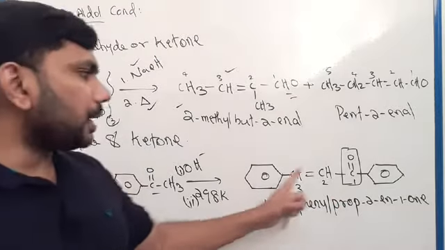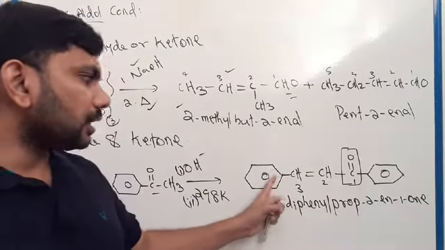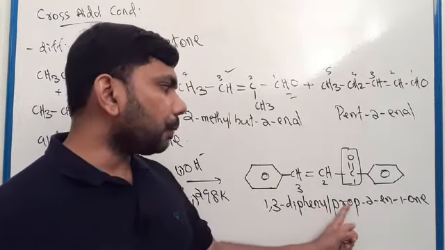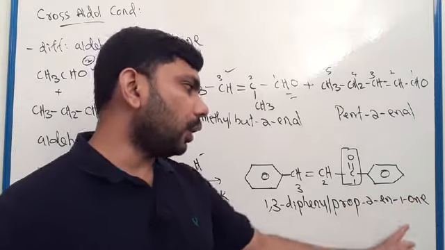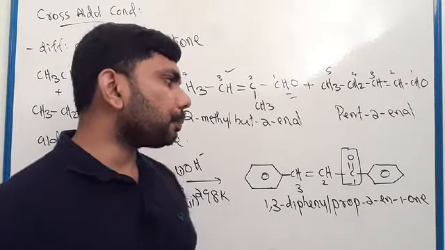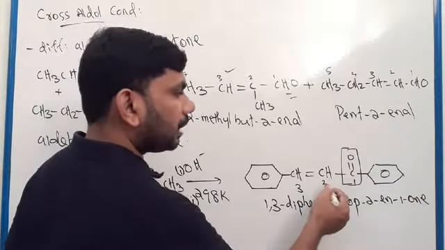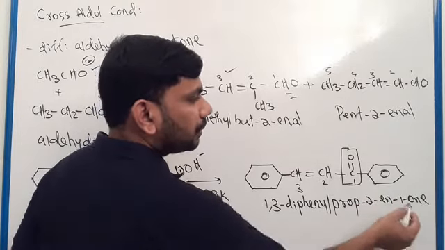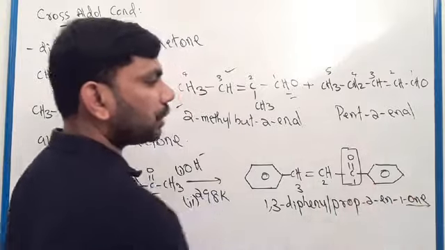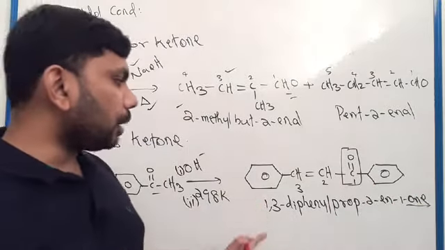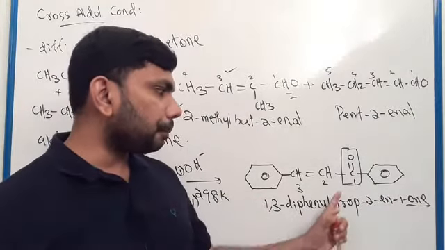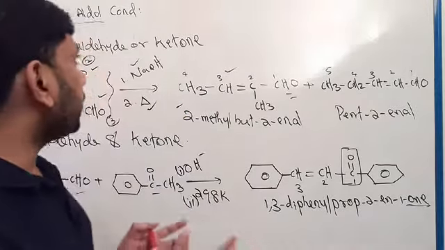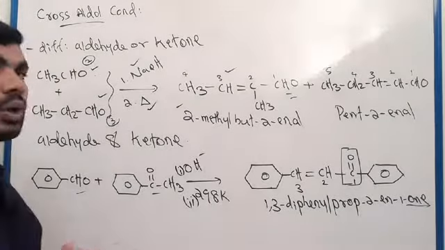So at the first and third carbon there is a benzene ring: 1,3-diphenylprop-2-en-1-one. Prop-2-ene means at the second carbon there is a double bond, ene, and at the first carbon, one means the ketone functional group. So the name of this compound is 1,3-diphenylprop-2-en-1-one. So these are examples of cross aldol condensation.